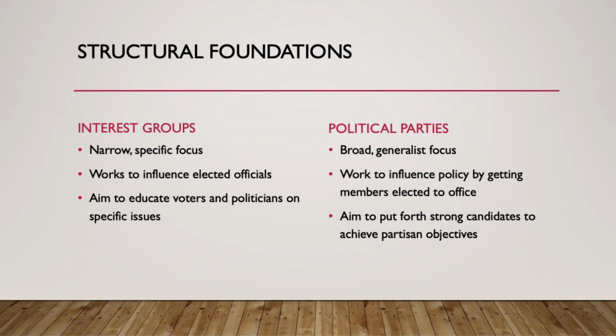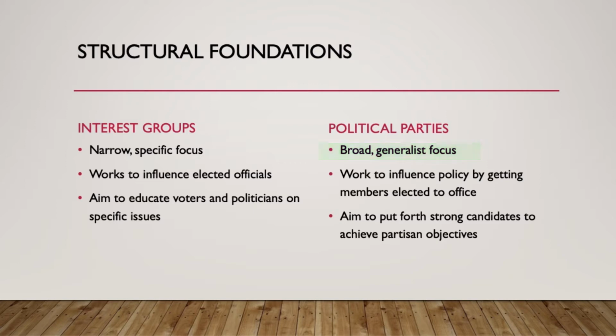So what are the key differences between interest groups and political parties? Well, here are a few facts that I'd like you to keep in mind. Interest groups are designed to advocate for narrow and specific interests. Because politicians have to represent very different and diverse constituencies, they often don't have expert-level knowledge on every single issue facing their district.